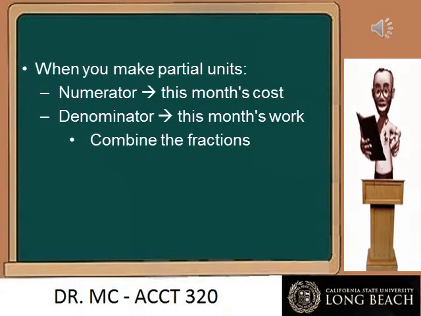When partial units are involved, the firm must include the cost of the partial units in the numerator and include the partial units in the denominator. For example, if you have 4 units that are only 50% complete with respect to the cost component in question, you add 4 halves to the denominator. You combine the fractions. So, 4 halves become 2 units.